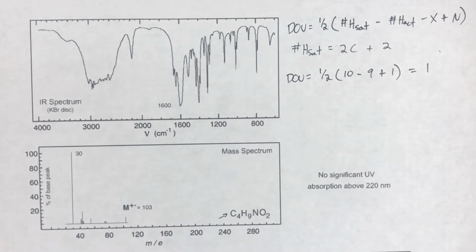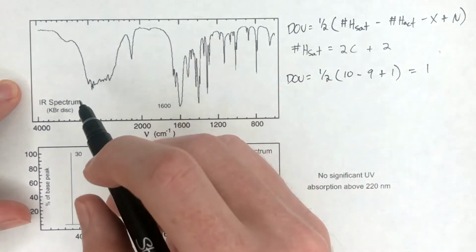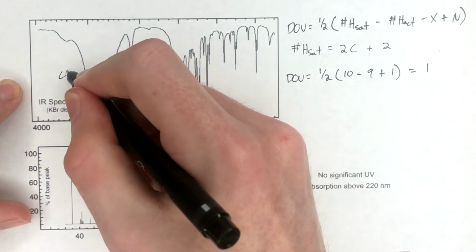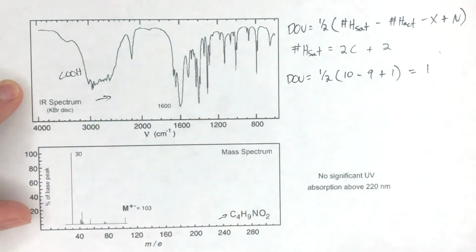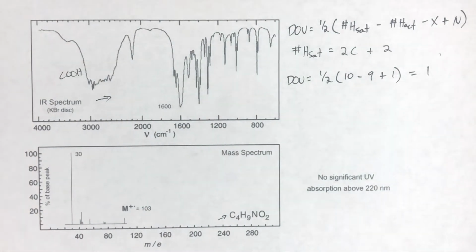Now, our IR is a bit unusual because we have this peak, which kind of appears to be a carboxylic acid peak, even though it is somewhat shifted to the right from what we would normally expect. Because remember, carboxylic acid groups have that OH feature, and that OH stretch will usually be slightly above 3,000, even up to like 3,500 in wave numbers.